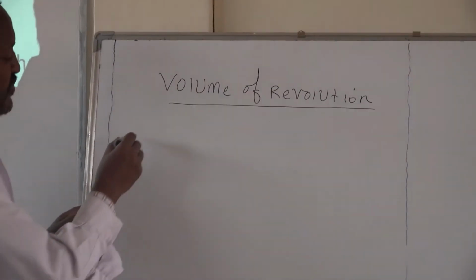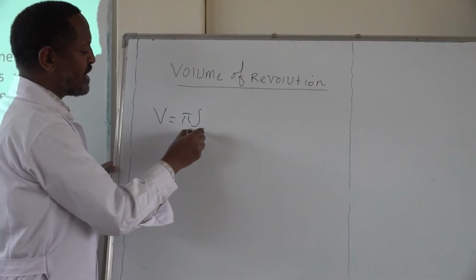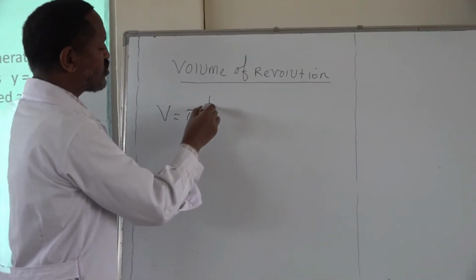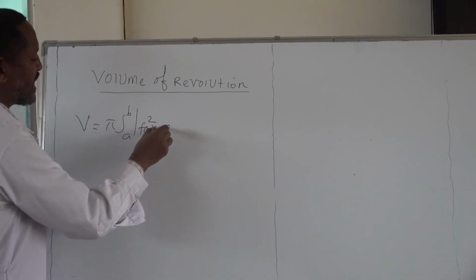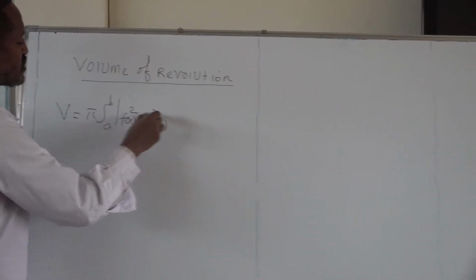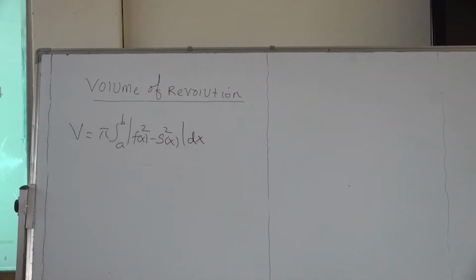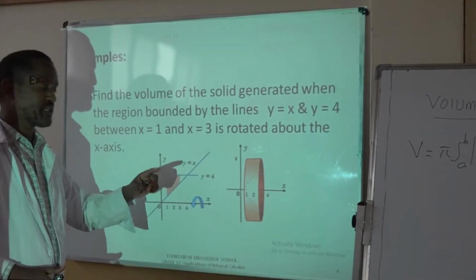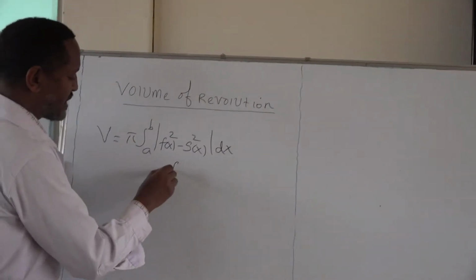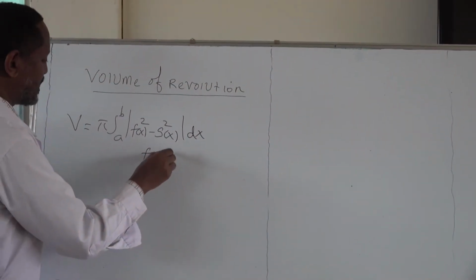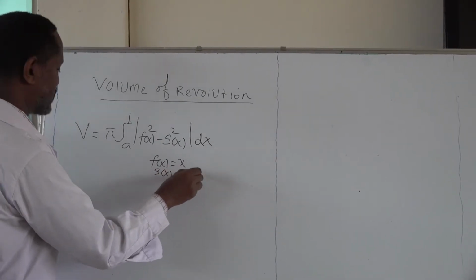As I have mentioned before, volume of revolution about the x-axis is given by the formula pi integral from a to b of the absolute value of f of x the whole square minus g of x the whole square dx. Now you can take f of x to be x and g of x to be 4.